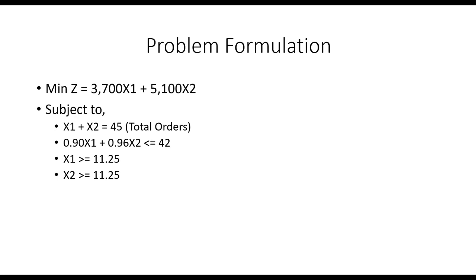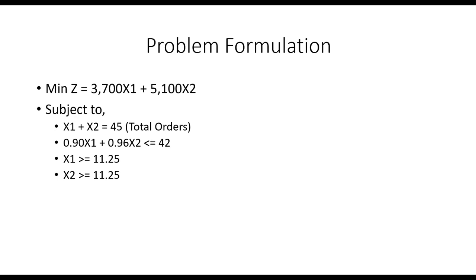X1 plus X2 is 45 total orders. 0.90 X1 plus 0.96 X2 is less than or equal to 42, which is our maximum acceptable level of undamaged orders. X1 is greater than or equal to 11.25. X2 is greater than or equal to 11.25.